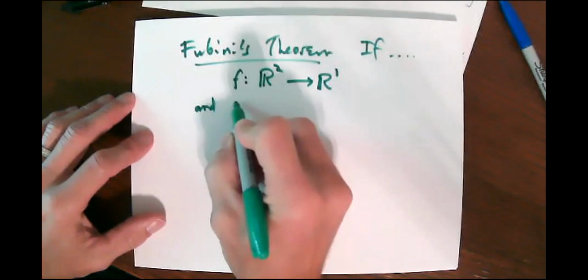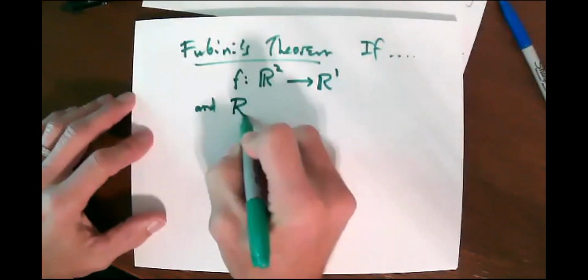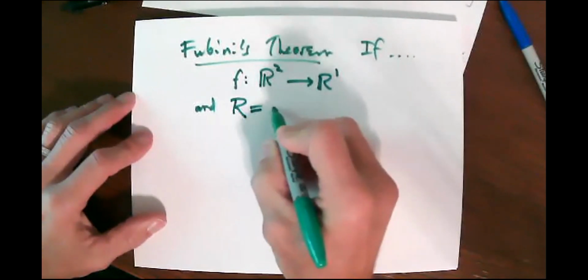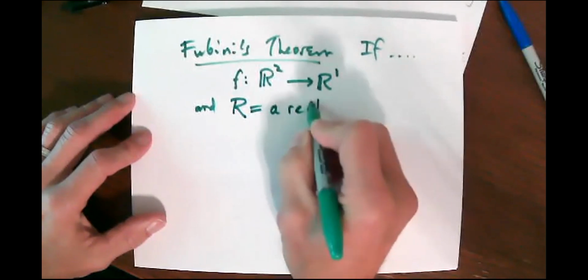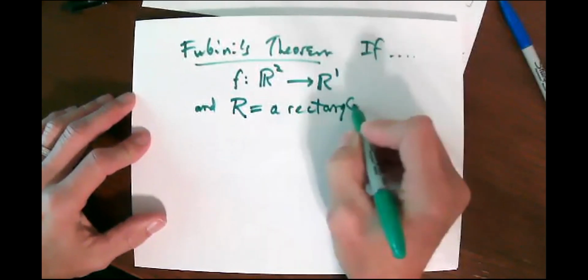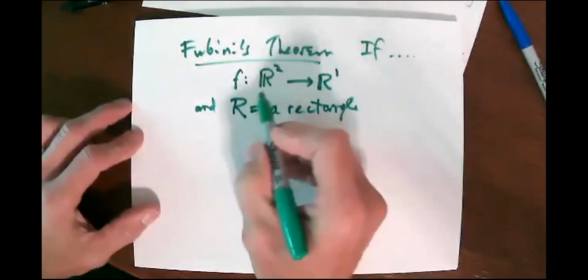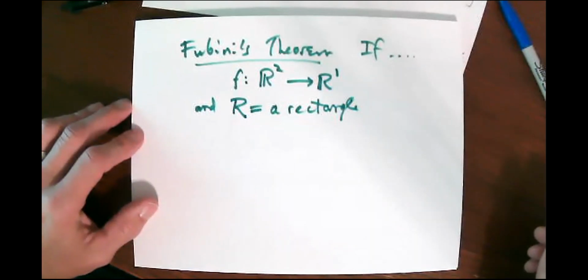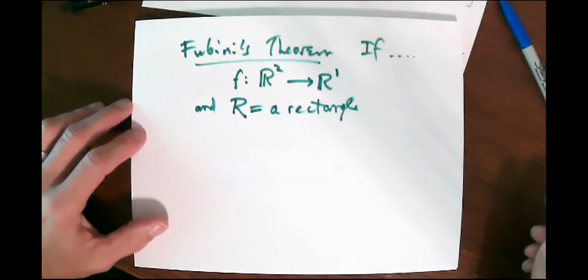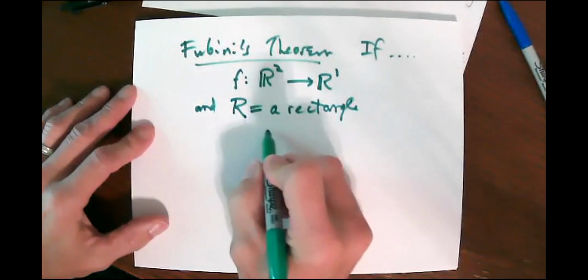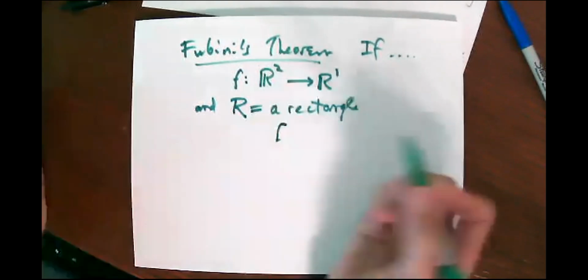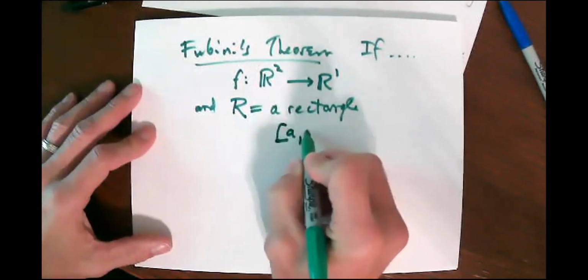In particular, I'm going to call the subset not S, but R, because I want this to be a rectangle that's lined up with the axes of two-dimensional space. If it's lined up with the axes, you can write it in the following way.